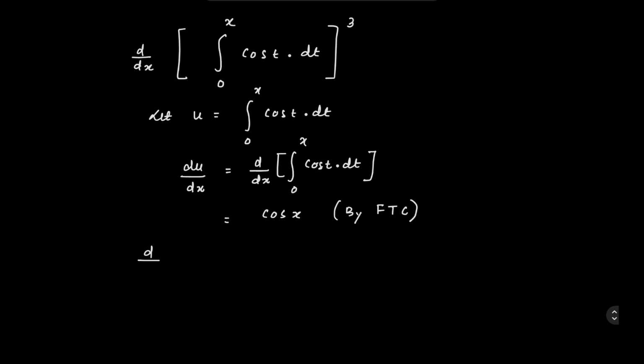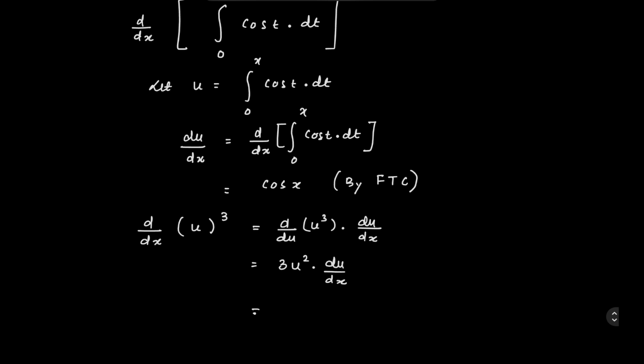Now you need to find d/dx of u cubed. So you apply the chain rule here: d/du of u cubed into du/dx. So this is equal to 3u squared into du/dx. Now you see 3u squared will be the integral from 0 to x of cos t dt, whole squared, and du/dx you got as cos x.